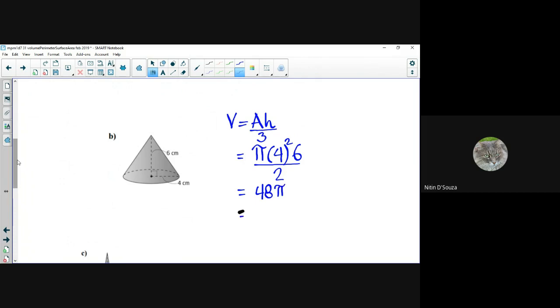And when I calculate that on my calculator to the nearest cubic unit, I get 151 centimeters cubed. I'll leave you to do C.